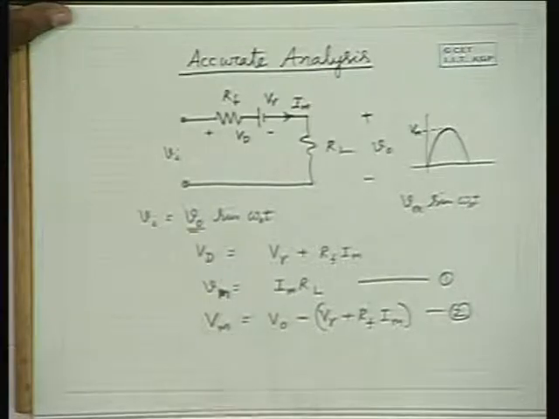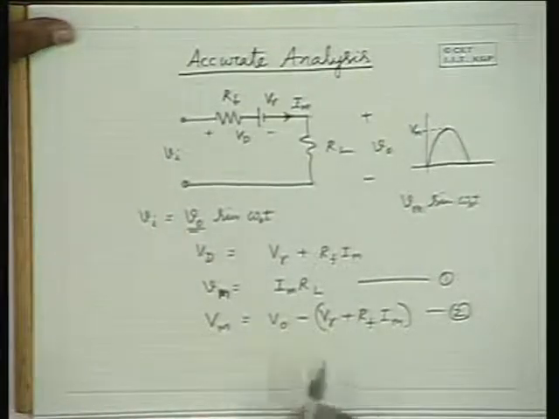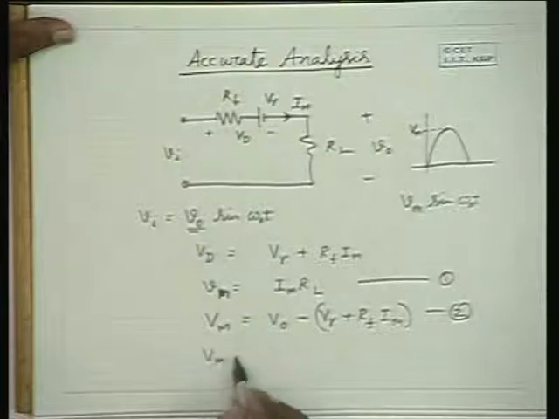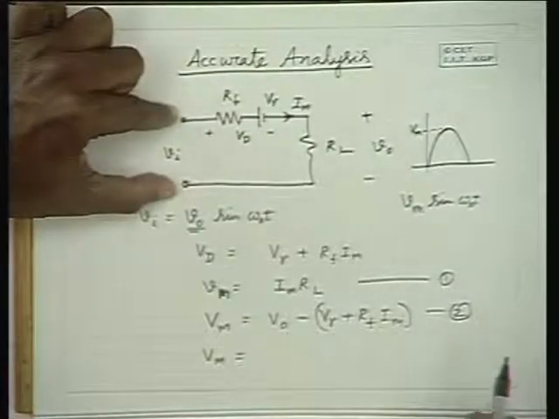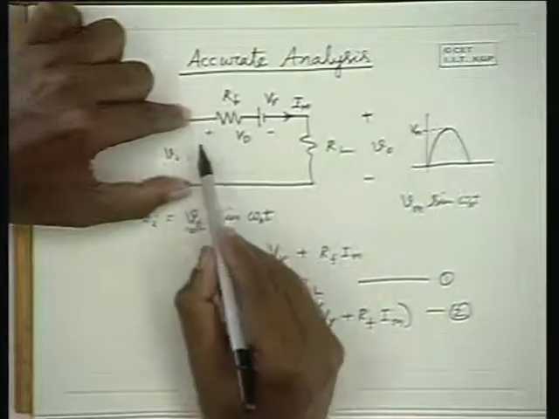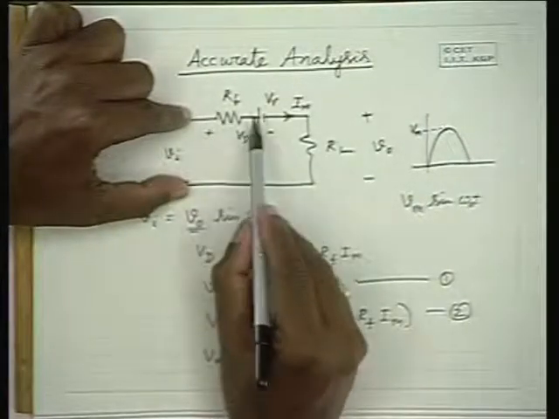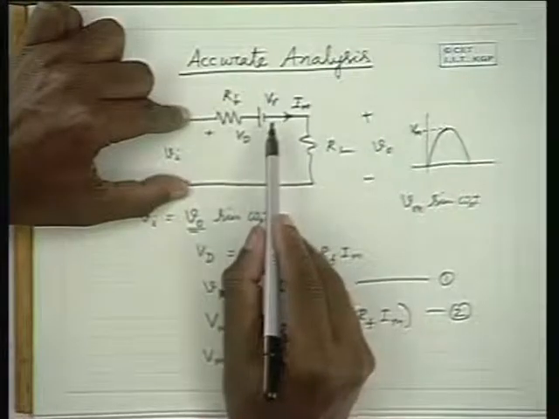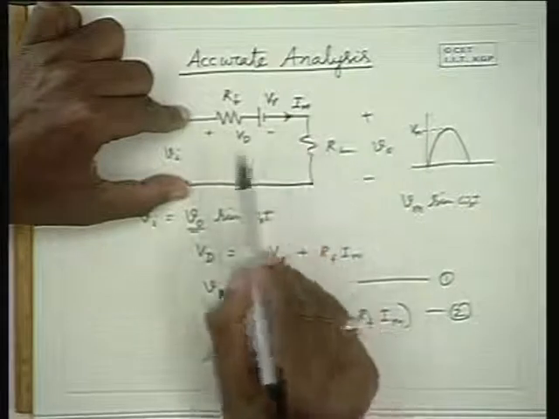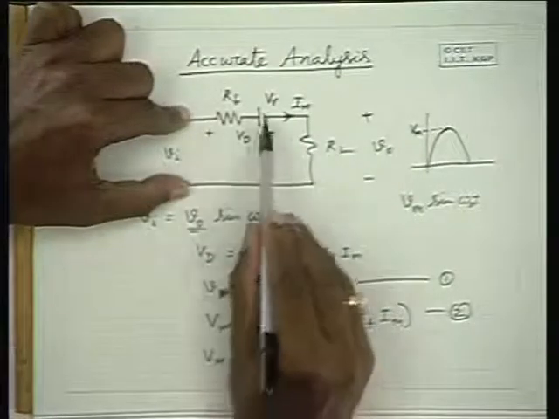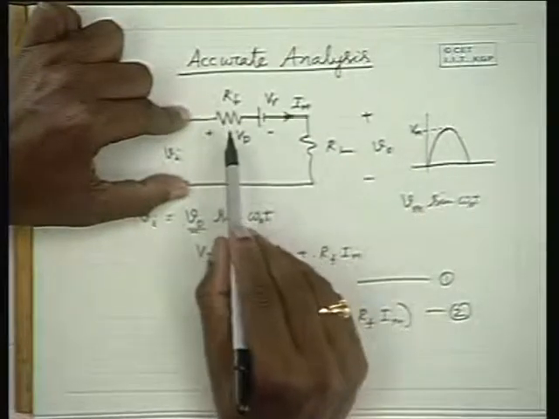How much is Vm? Please substitute and tell me. Vm naturally is very simple. Look at this: this peak voltage V0 minus this V gamma is the net drop across RF and RL. That means that voltage V0 minus V gamma is getting divided between RL and RF.